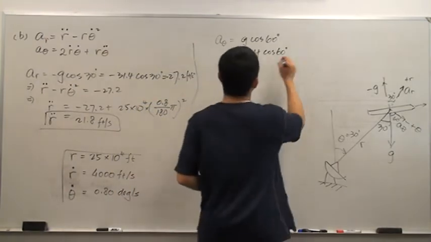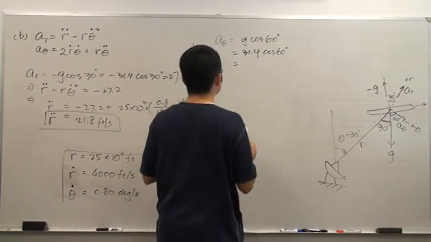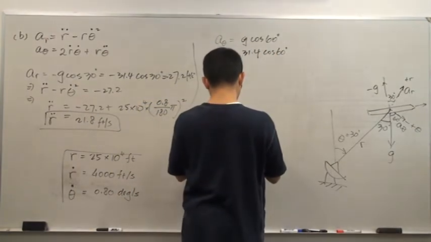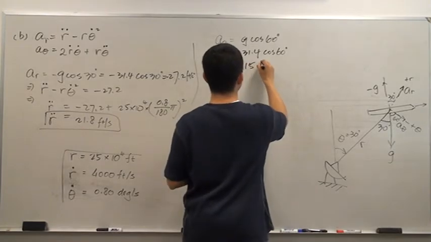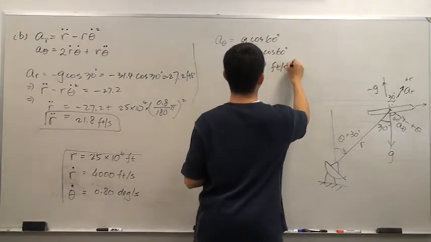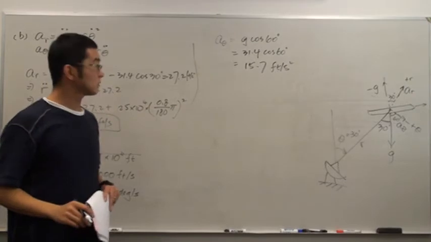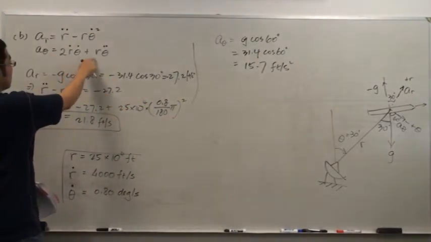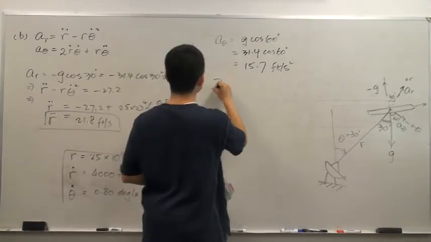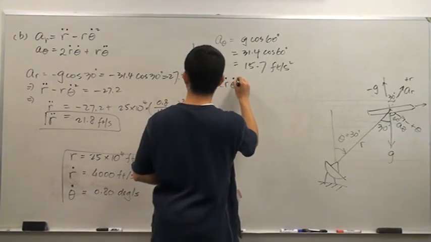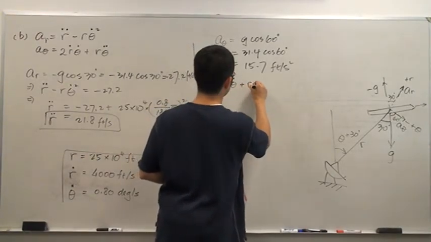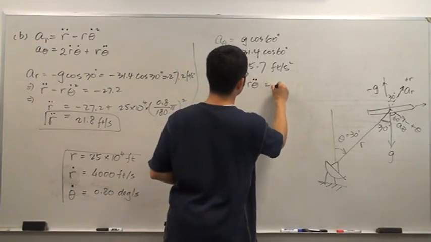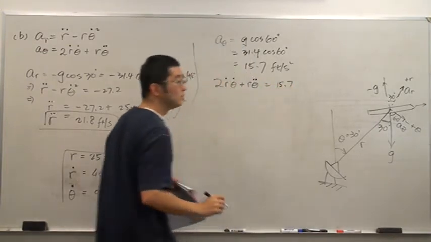This is half, so this is about 15.7, roughly. So this is 15.7 feet per second squared. And this is also equal to 2r dot theta dot plus r theta double dot. So 2r dot theta dot plus r theta double dot is equal to 15.7.